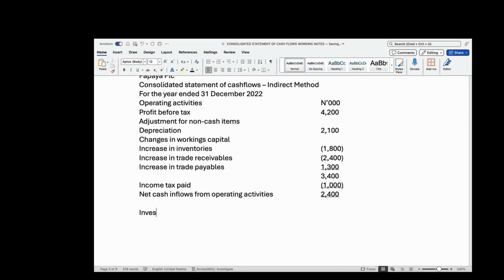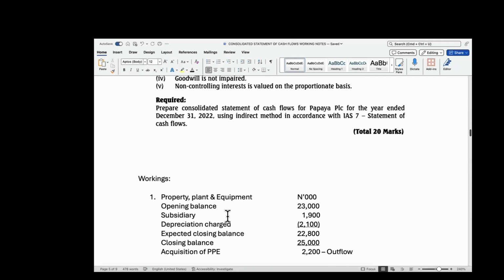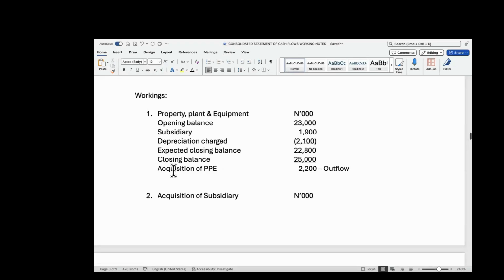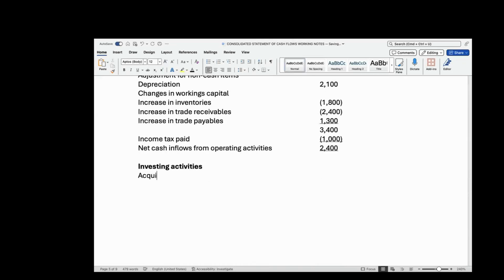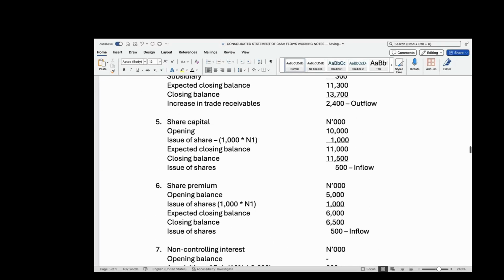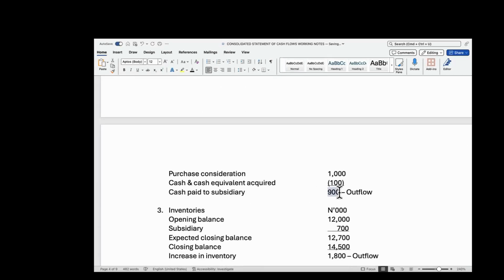Then we go to investing activities. What are the investing activities items that we have? From our PPE, there was acquisition of PPE 2,200. After that, we did acquisition of subsidiary of 900.